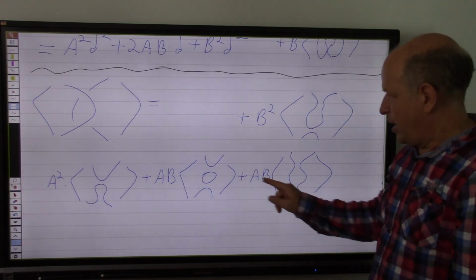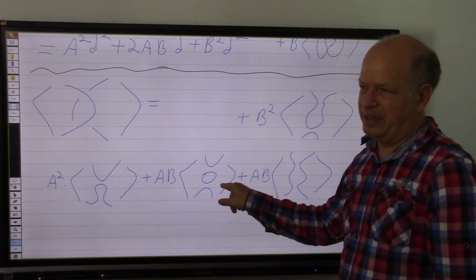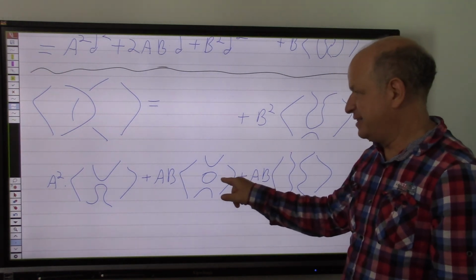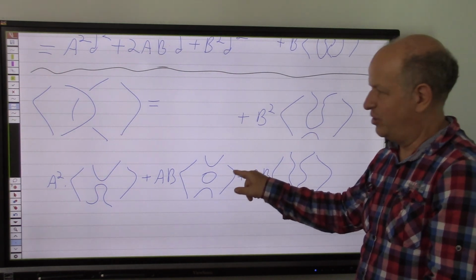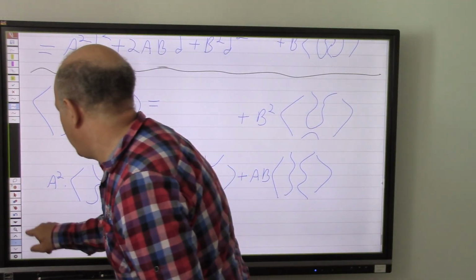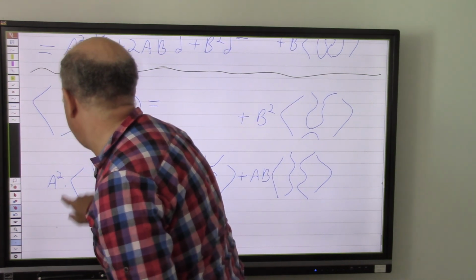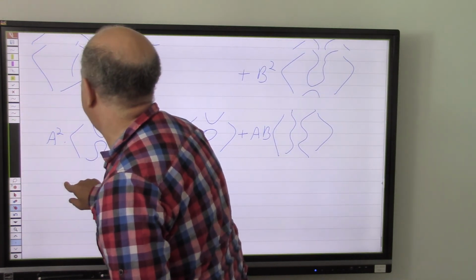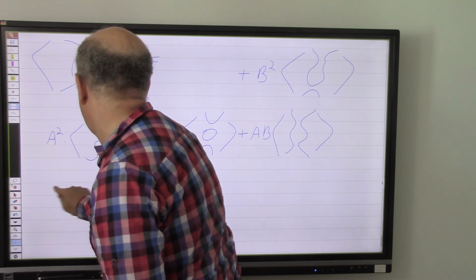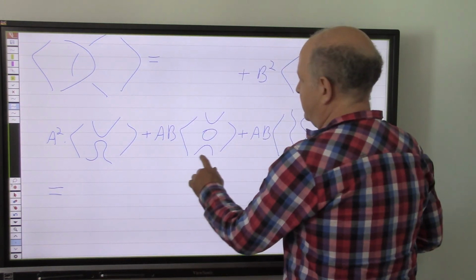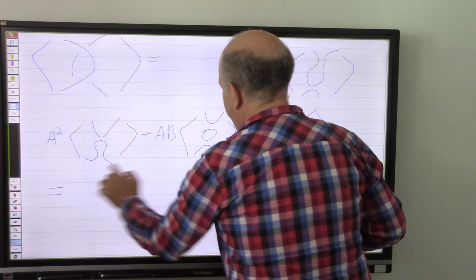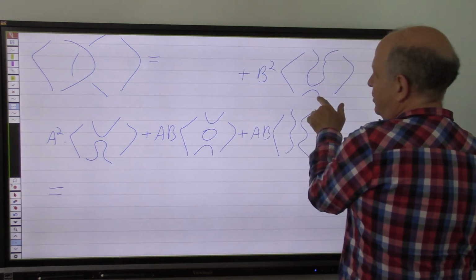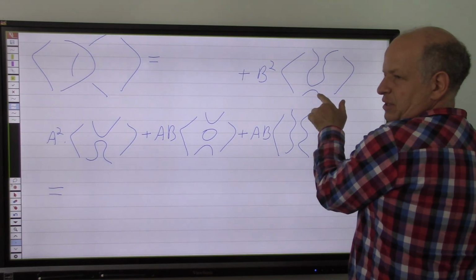But now, here I have an independent circle. An independent circle is worth a factor of d. So overall, this thing is equal to, so let's see, this term and this term are actually the same.